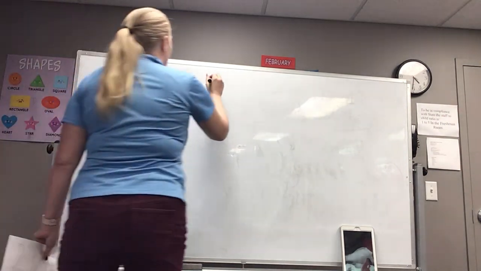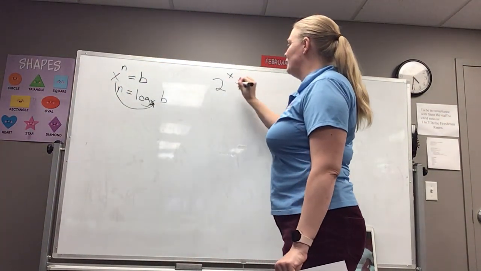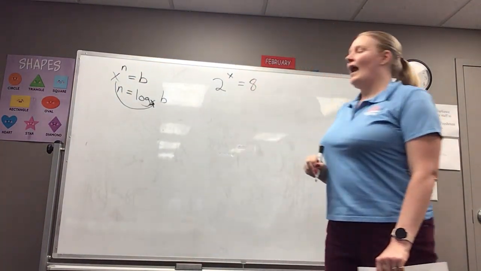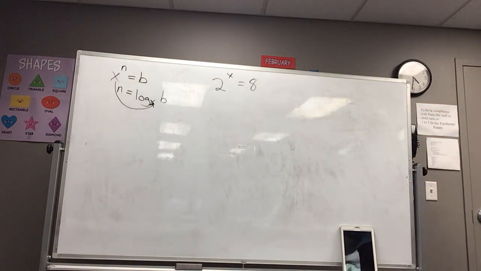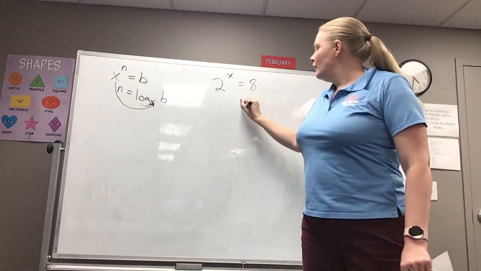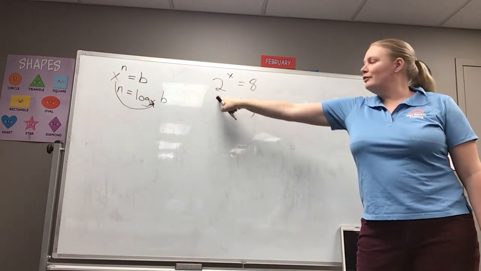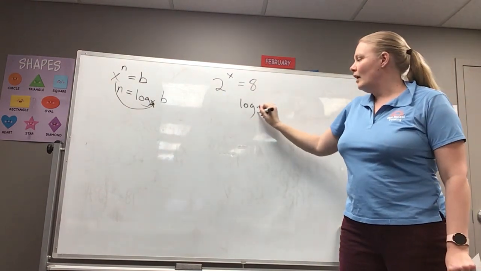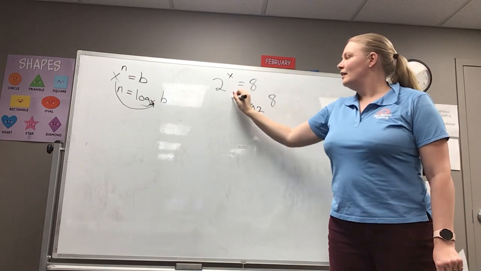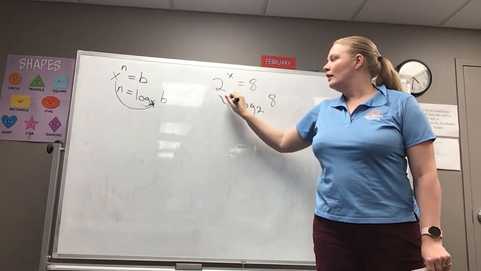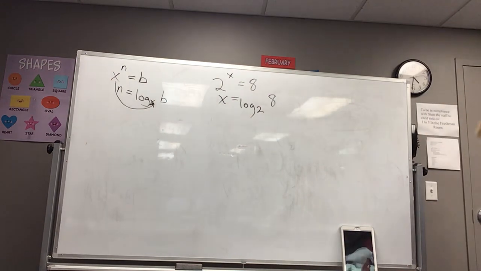And so if I have 2 to the x power equals 8, the base goes to the bottom. The log base 2 of 8 is equal to x. And so that is the fundamental thing of what a logarithm means.